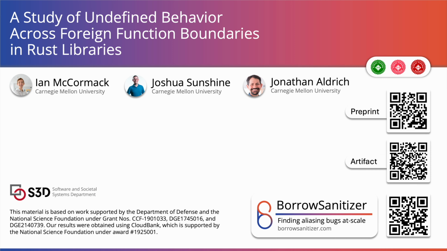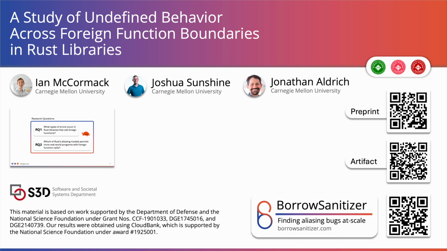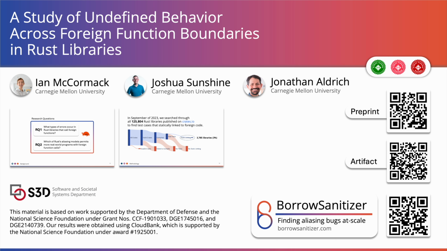So we conducted a large-scale study of undefined behavior across foreign function boundaries in Rust libraries. We had 2 research questions. We were curious what kinds of errors occur in practice, and which of Rust's aliasing models permit more real-world programs with foreign function calls. To answer these questions, we conducted a large-scale study, compiling every crate to find test cases that called foreign functions.